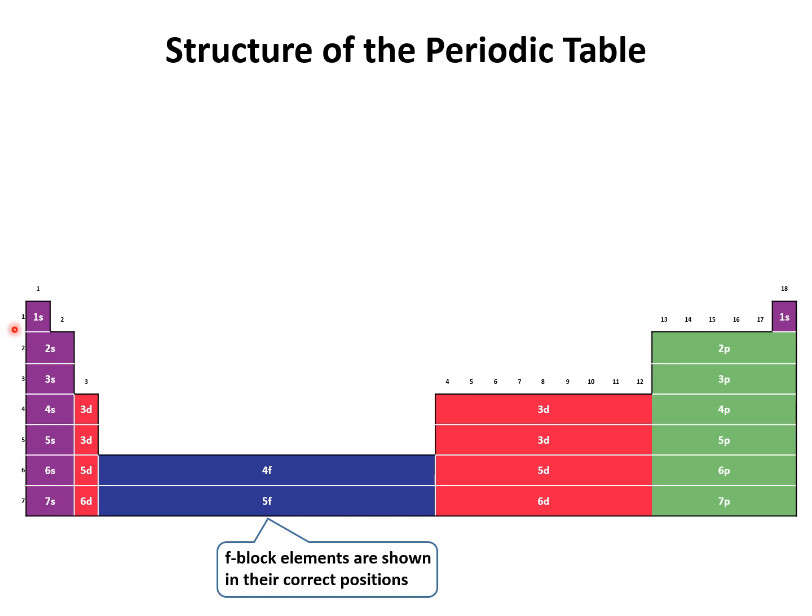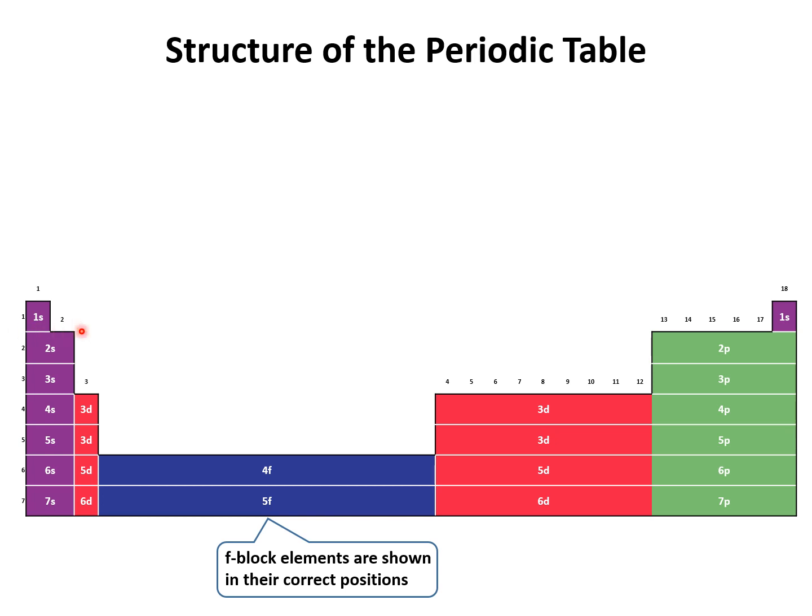So you may notice that the rows in the periodic table are numbered consecutively from top to bottom, 1 to 7, and these rows, or periods, represent the maximum principal quantum number for the orbitals in that row. So for example, for the first period, or the first row, we have a maximum principal quantum number of n equals 1.